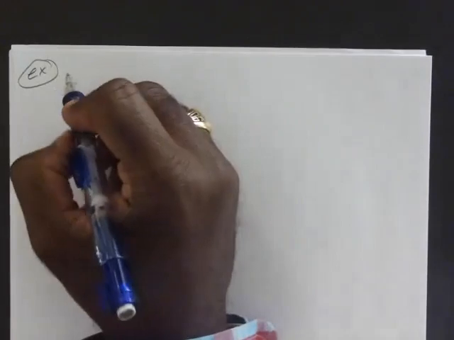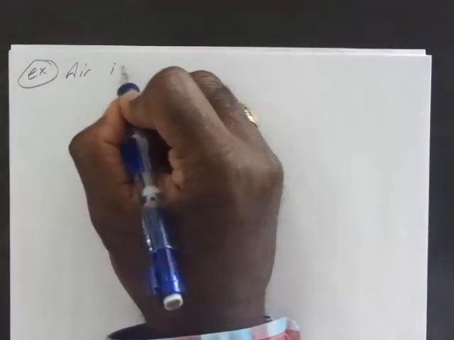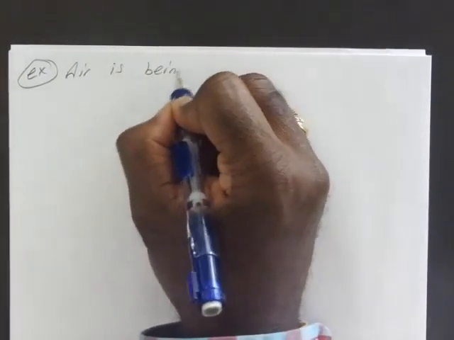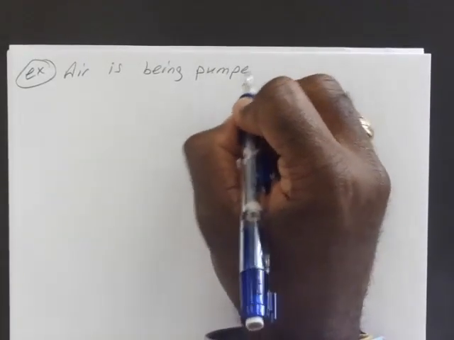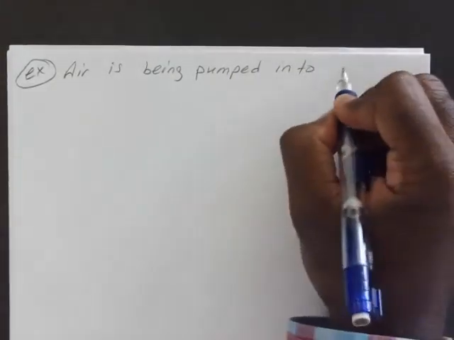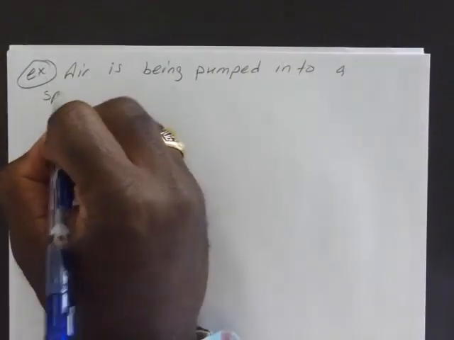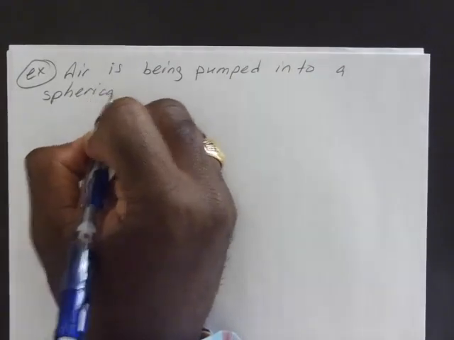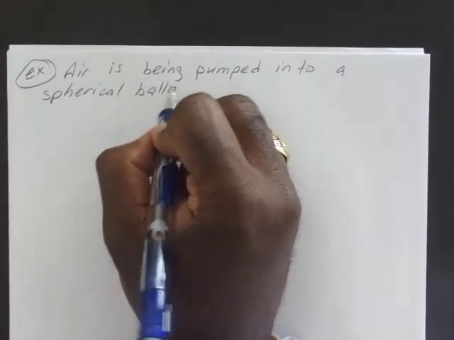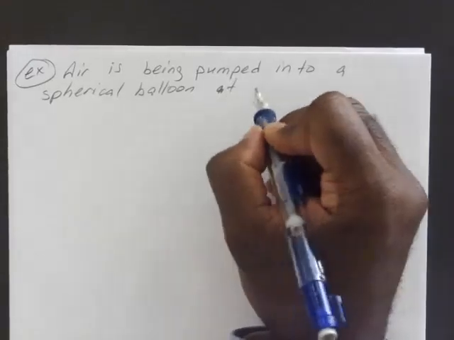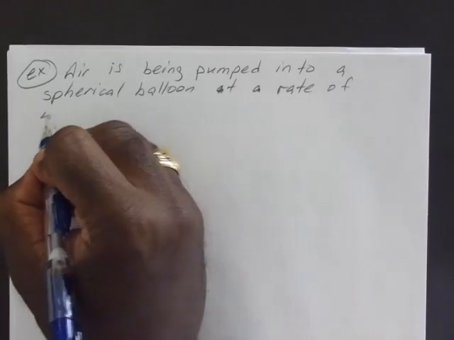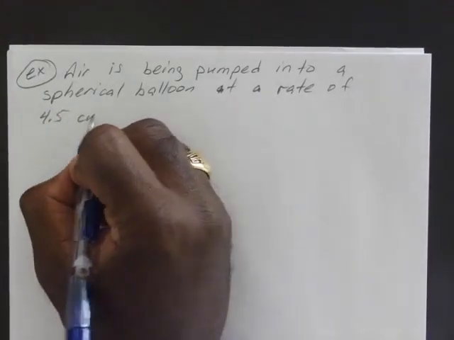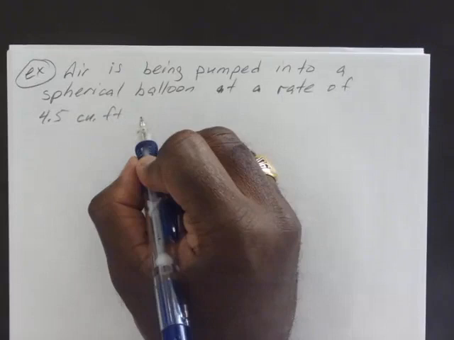So let's say, for example, if you know that air is being pumped into a spherical balloon at a rate of 4.5 cubic feet per minute.